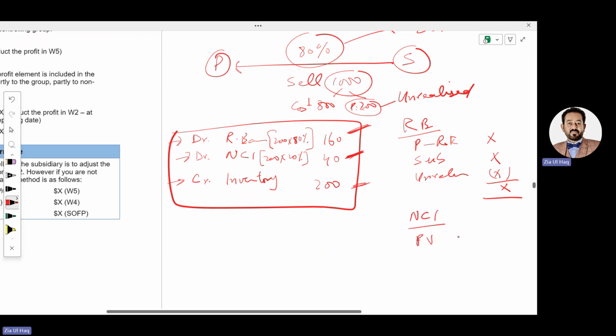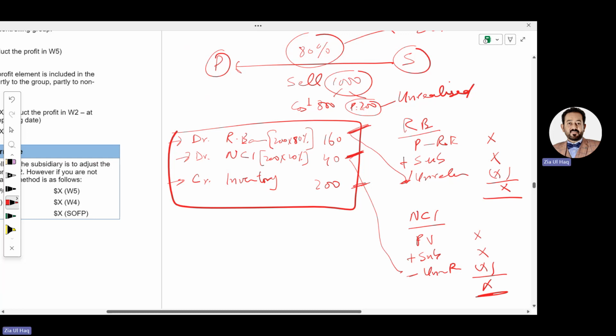Fair value that is given in the question plus subsidiary share, less unrealized profit. And this inventory will be deducted from inventory or current assets while adding them for consolidation purposes. And these two things will be used here while calculating retained earning and non-controlling interest figures.